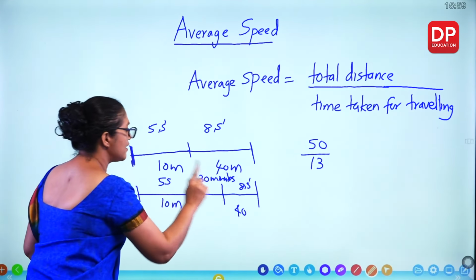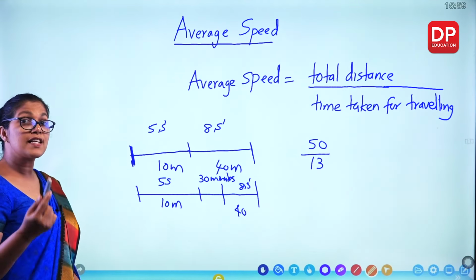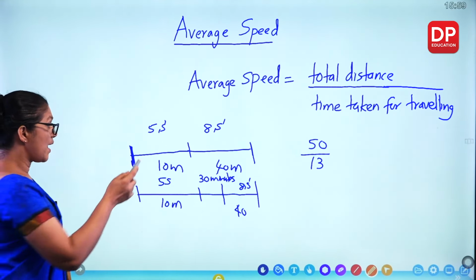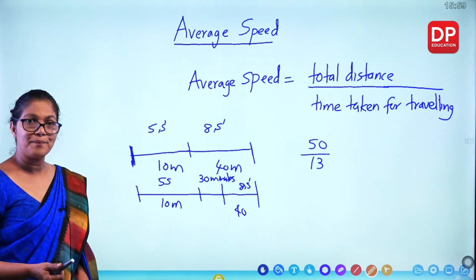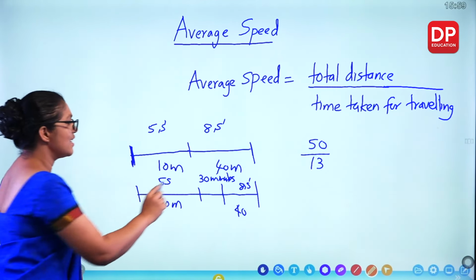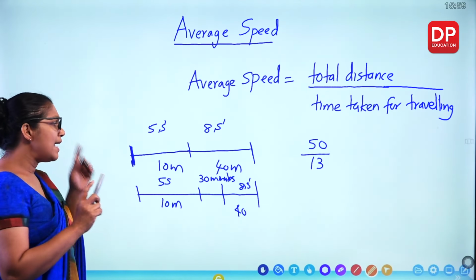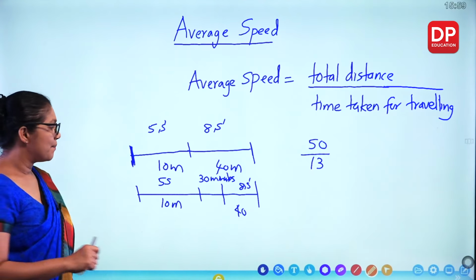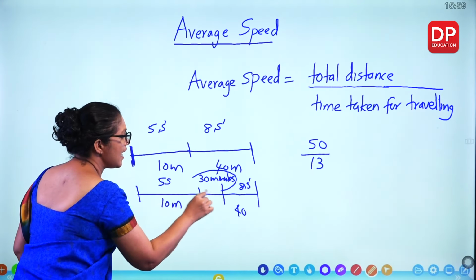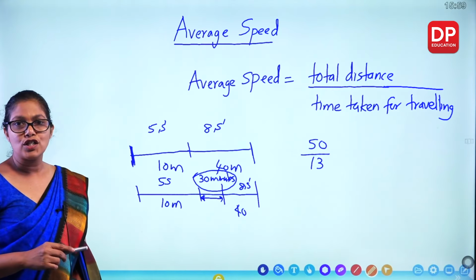Do we take the whole time? This is 30 minutes means 30 times 60 seconds plus 5 plus 8 for the total time. We can't take the whole thing as the total time. So only when the object is traveling, we take that time. So here we can't take the resting time for the average speed.